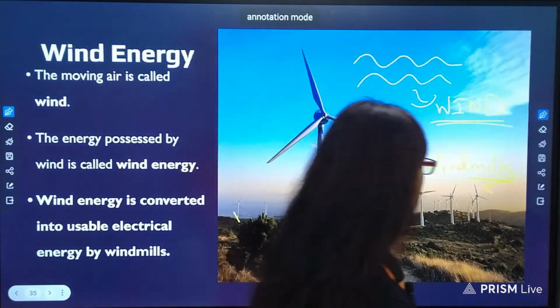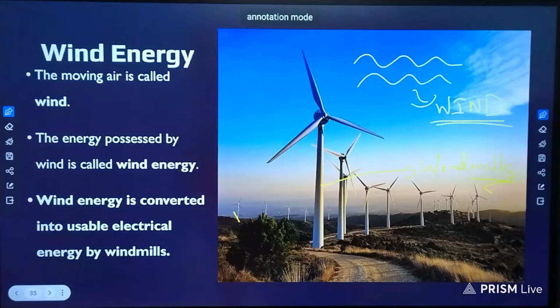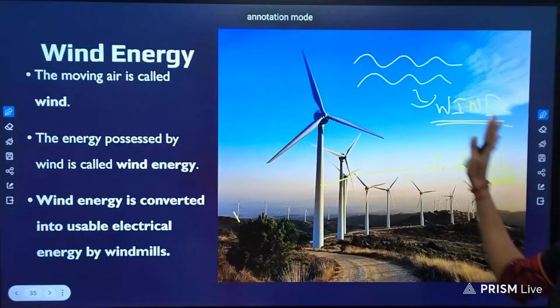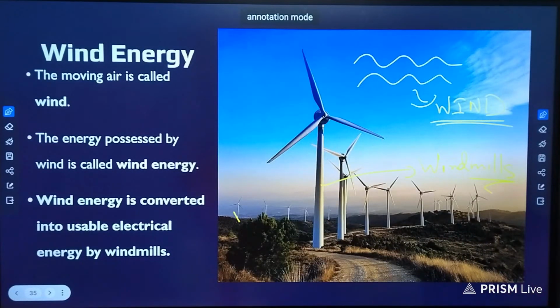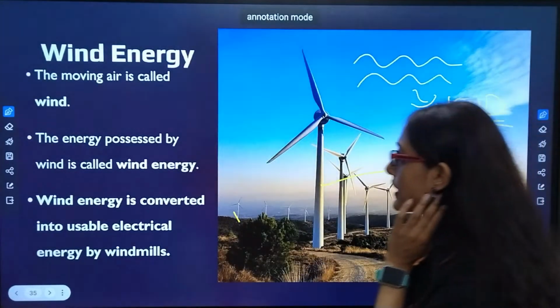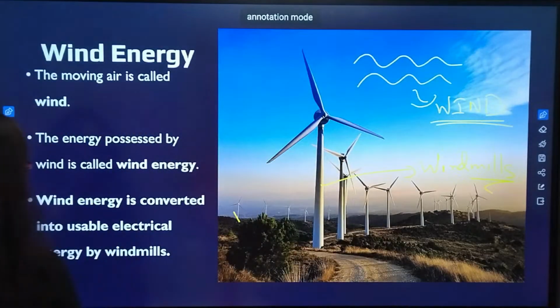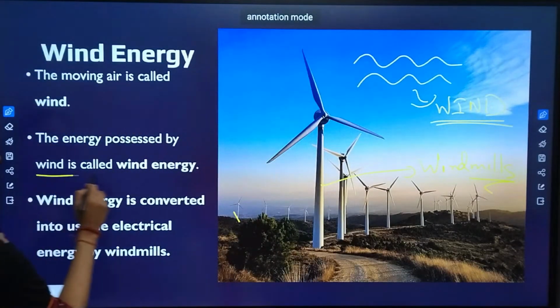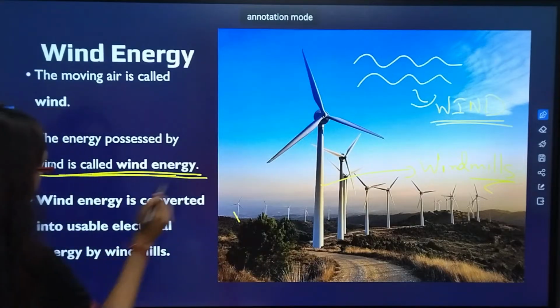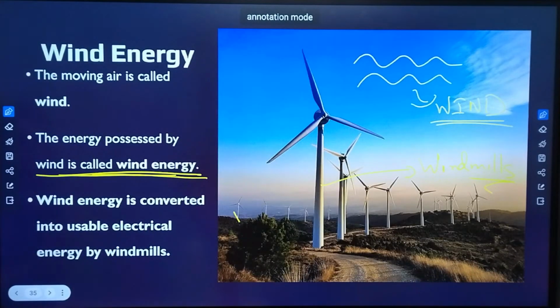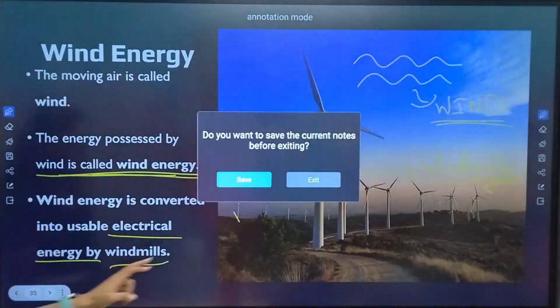So this helps to generate electricity. It is mainly found in foreign countries. The moving air is called wind. The energy possessed by wind is called wind energy. Wind energy is converted to usable electric energy by windmills. This I have told you. Clear? Okay. Let's move further.